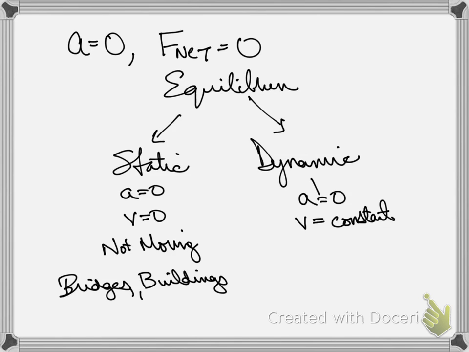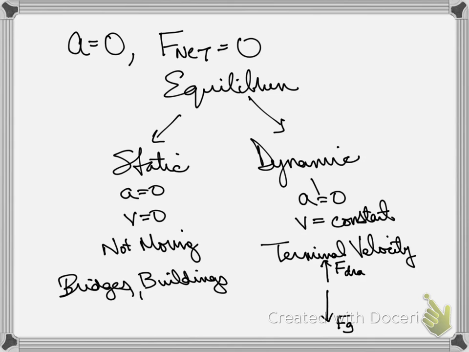A good example of this would be terminal velocity, which is when something's falling and your weight is balanced by the force of drag or air resistance to the point where these two forces cancel and you don't just stop in midair, right? You fall at whatever your V is when those two forces are balanced.